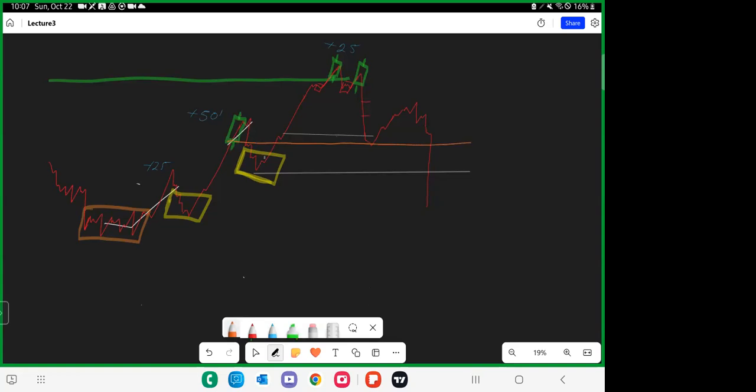So that entry model that you guys are seeing in that mini series, if you watched it, is just me taking this concept here, understanding that everything ICT teaches is fractal, and adding a little bit more sauce on it to not just take a blind entry from there, but actually look at a change in state of delivery if that area forces a change in state. This is not me talking about entries. I'm just giving you guys an example.